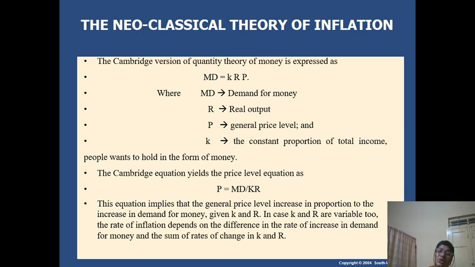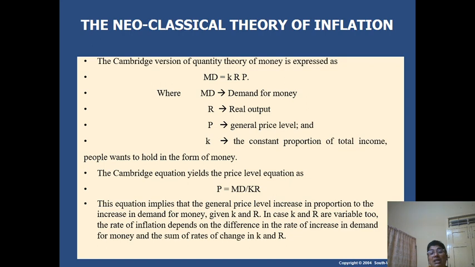So in fact, the classical theory stresses the supply of money as the main cause of inflation. Whereas the neoclassical theory of inflation tells you that demand for money, especially demand for transaction purposes, increases the general price level, and this increase in general price level causes inflation.